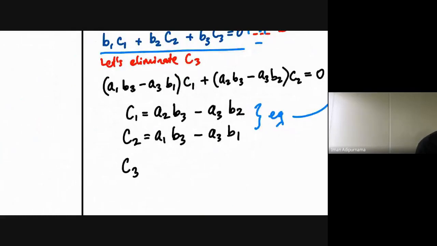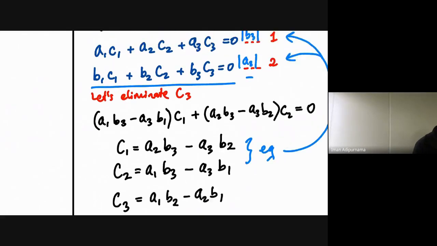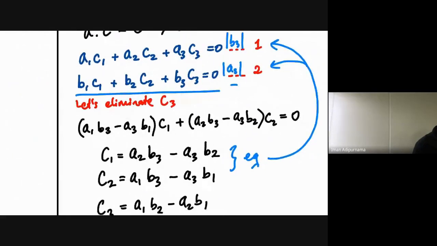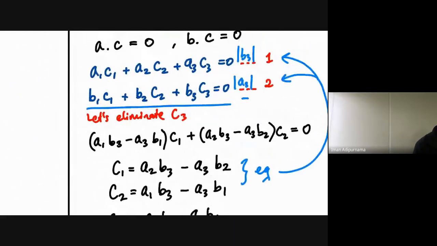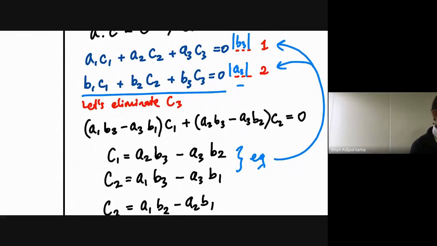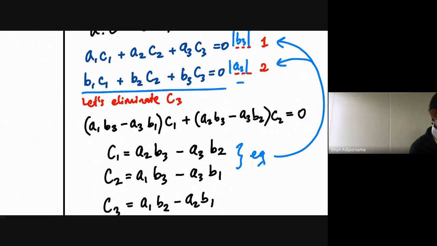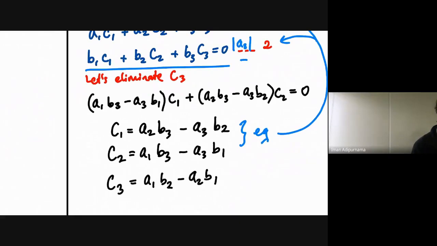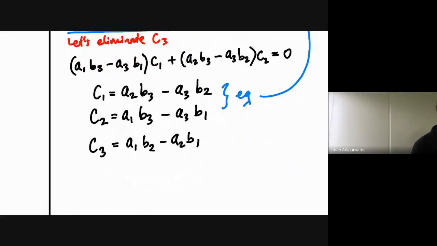You will get C3 equal to A1 B2 minus A2 B1.